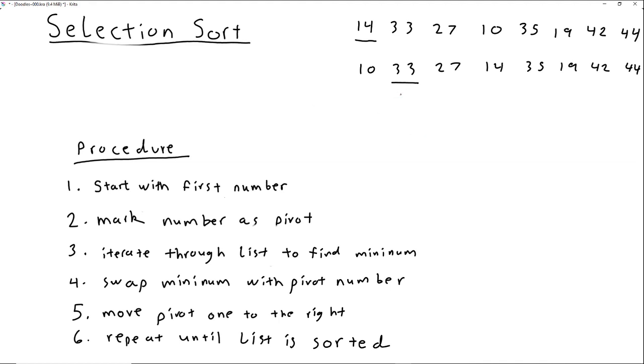So starting with 33, looking across, the minimum number is going to be 14. So we go ahead and swap. Then we go ahead and move the pivot point and repeat. 27, looking across, 19 is the minimum number.